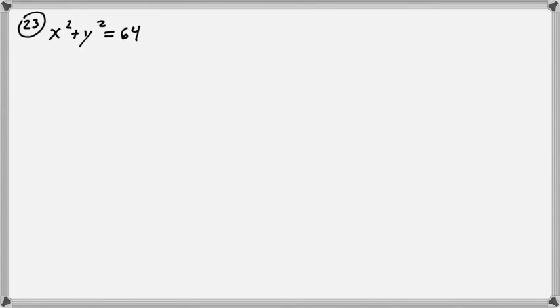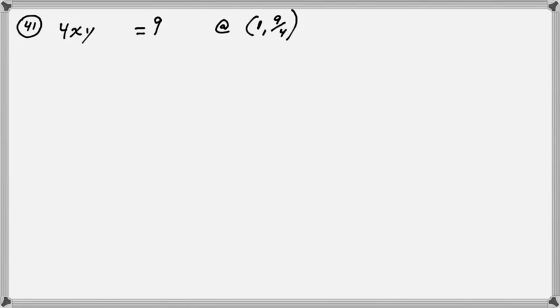After 7, I'm going to jump to 23. That's a second derivative. We did one like this in the example. Because we did one like that in the example, I'm going to do the tangent line real fast. I have a point. To write an equation of a tangent line, you need a point and its slope. The slope is dy/dx at that point. So I need to find dy/dx.